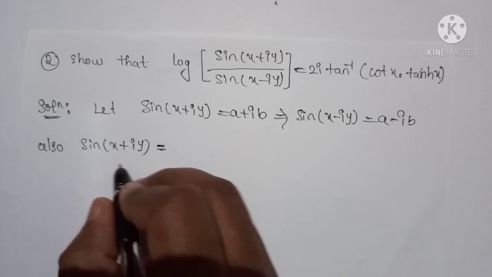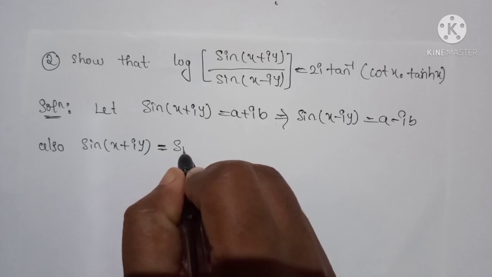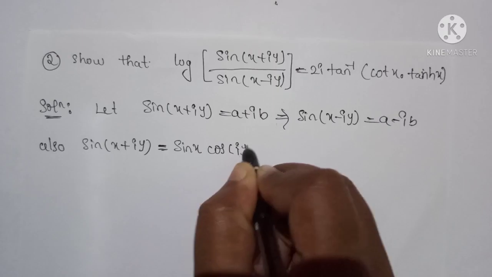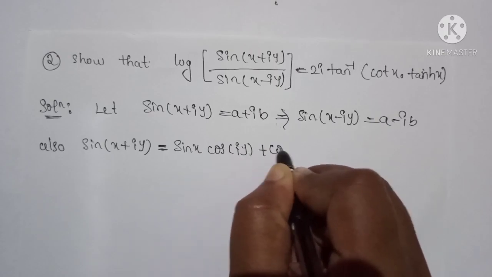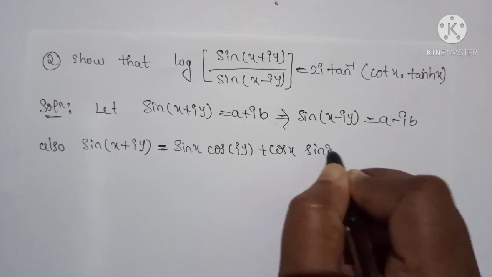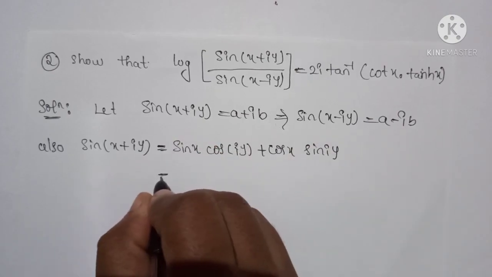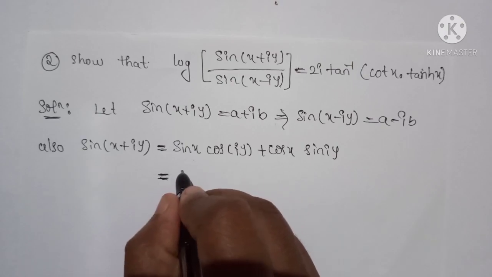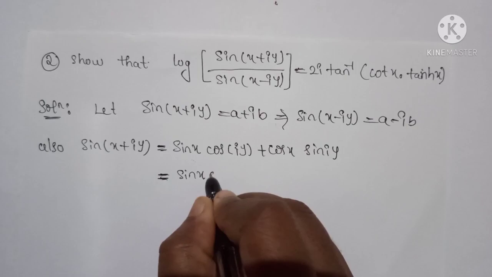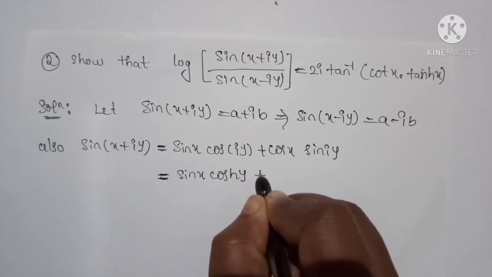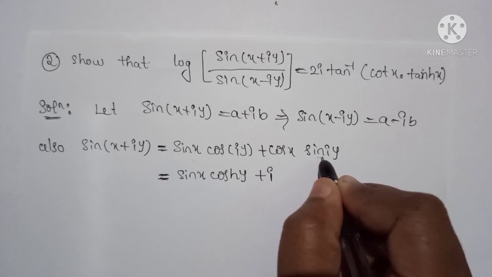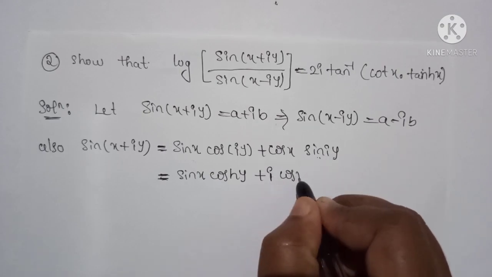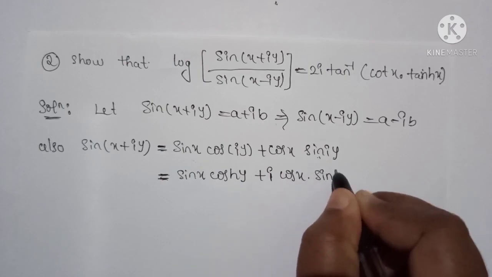We know that sin of x plus iy is sin a cos b plus cos a sin b. Therefore its real part is sin x cos hy, plus the imaginary part, because we know that sin of iy is equal to i sin hy, therefore i, with cos x as it is, sin hy.